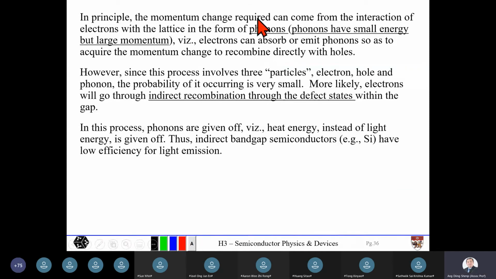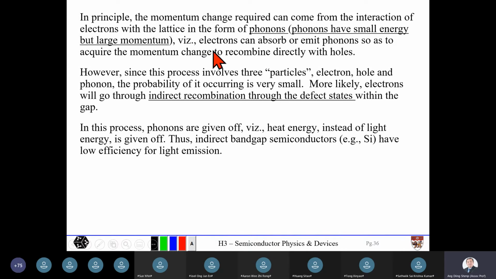The momentum change needs to come from the interaction between electrons and the lattice in the form of phonons, which are vibrating atoms. A phonon can help an electron change its momentum because it has very large momentum. Remember, the vibrating atoms are very big in size, so when they vibrate, they have a lot of momentum.